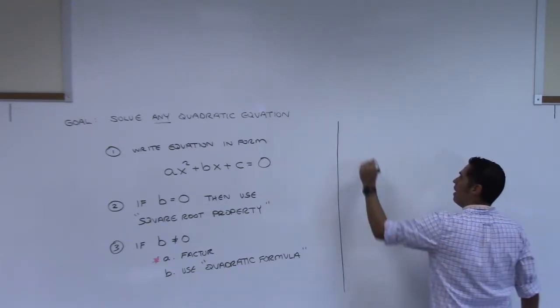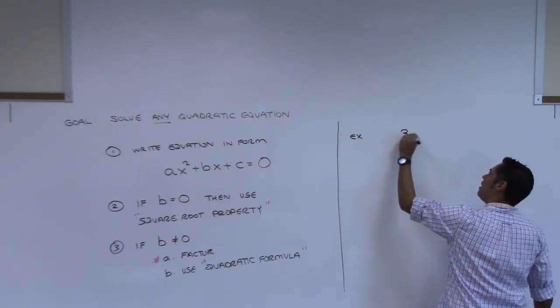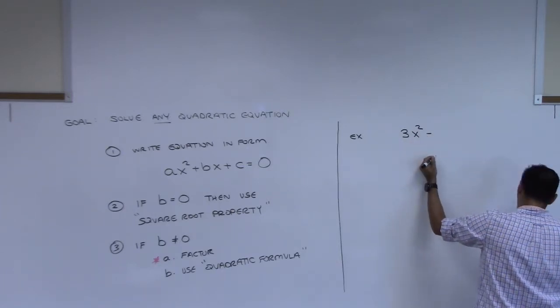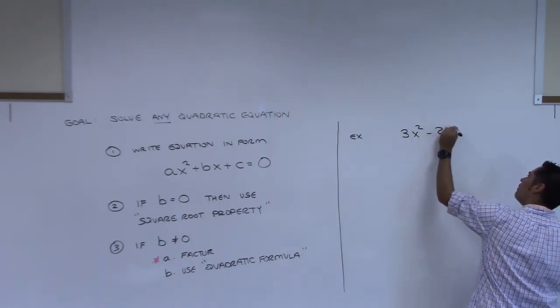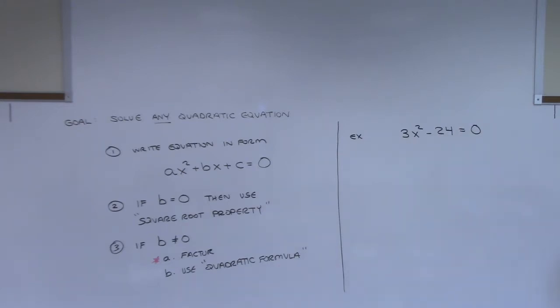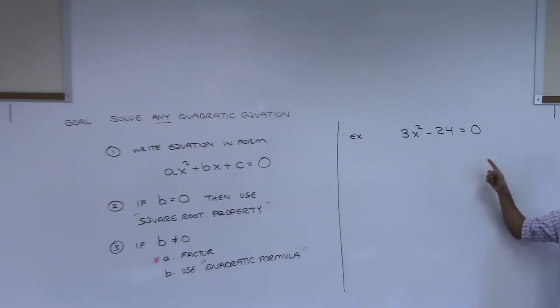All right, so here's your first example. Let's say we have 3x squared minus 24 equals 0. Is that a quadratic equation?